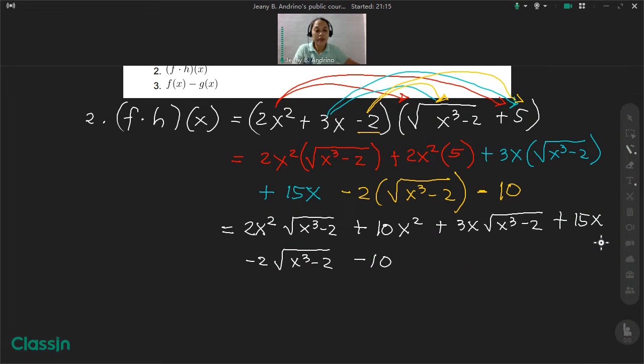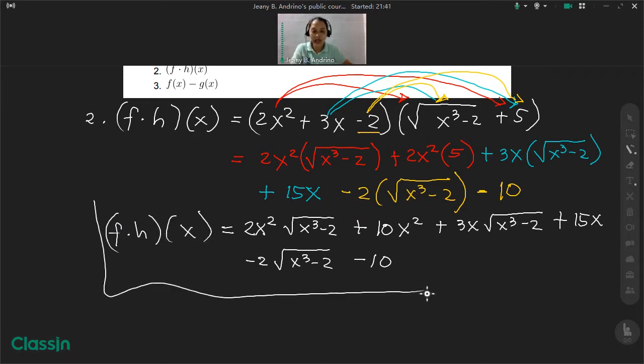That cannot be combined with 15x because, again, 15x doesn't have any radical expression. And of course, this one, the negative 2, we cannot combine that with negative 10 because, again, of the radical expression. So that is your final answer for f times h of x.